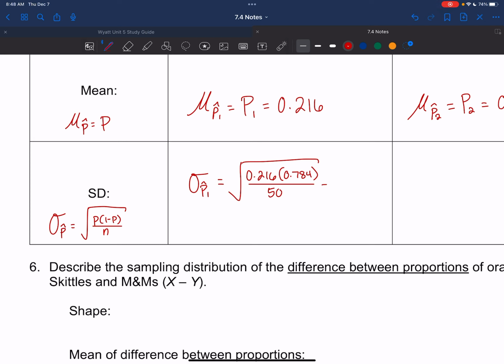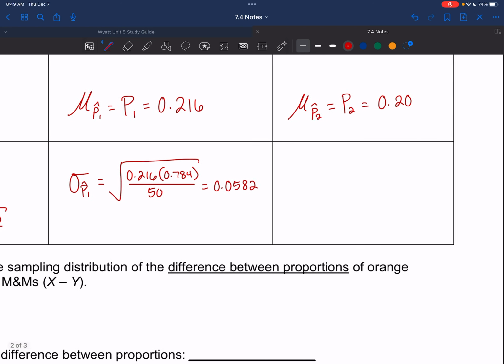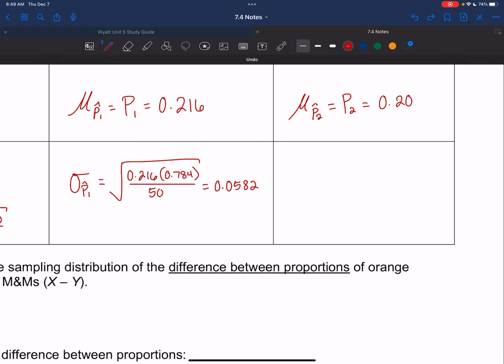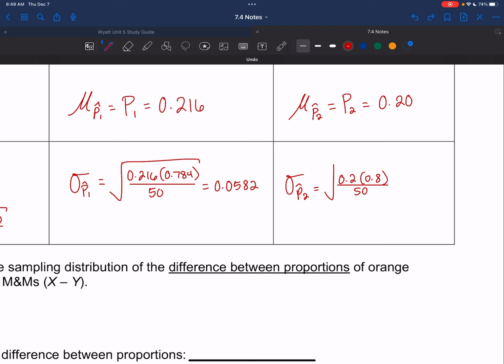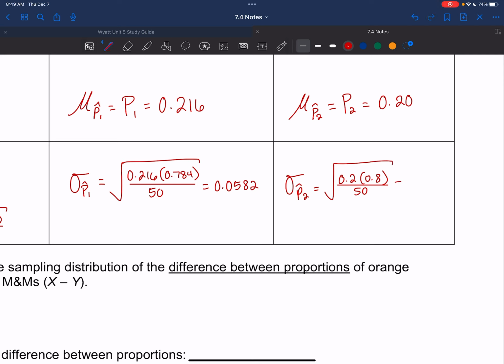And that's going to give us 0.0582. And then for M&Ms, we've got sigma sub p hat 2, which equals the square root of 0.2 times 0.8 divided by 50. And that's going to give us a standard deviation of 0.0565.